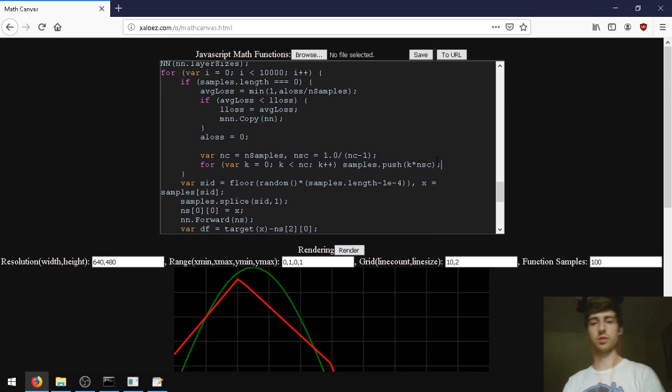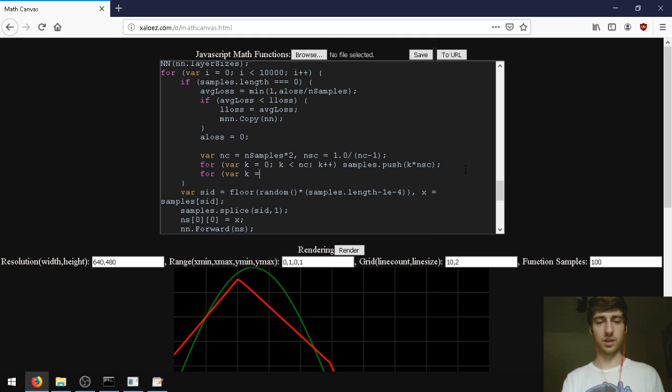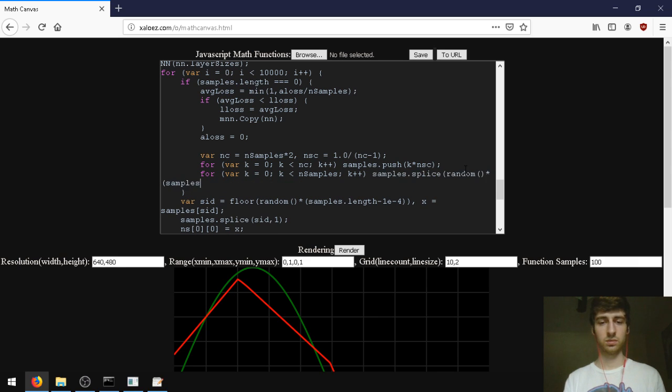So now I'm going to try adding dropout, where I do twice the number of samples and then I delete half of them. So that loop right there will loop through and delete half the samples.